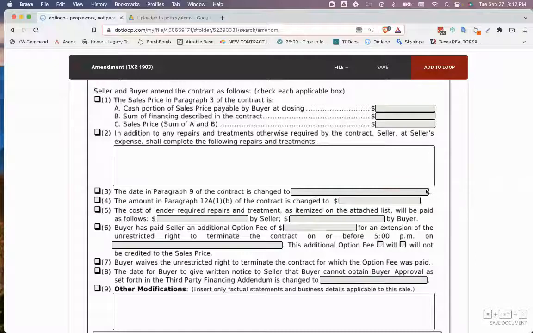And then secondly, you want to make sure that the amount of seller concessions that you are going to be putting on this amendment does not go over what they can actually receive per the loan guidelines. So last week in our Tuesday tip, you'll remember we talked about what is the percentage that they can get based on the loan type of seller concessions.